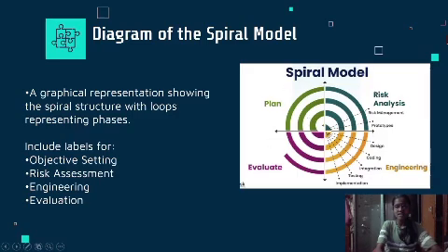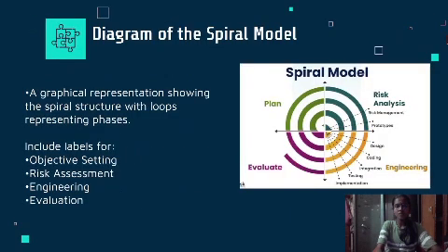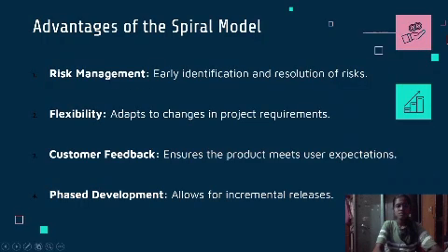Hence, for one single process, this one loop can be taken, and for any extra feature you are adding, another loop needs to be taken. Hence, there is an incremental process wherein each time you include a new functionality, you make some advancement in your project, which is called the incremental releases.